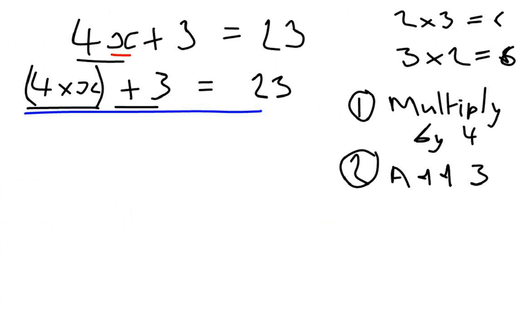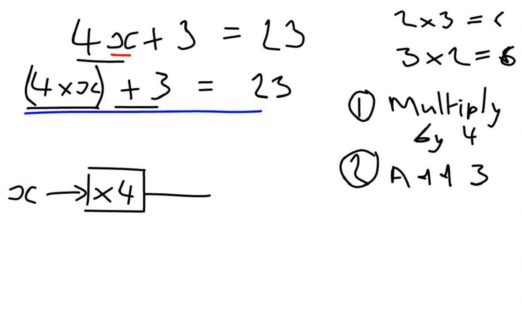Okay, so we're going to solve this using a function machine. So we're going to start off with our x. Now, as we've already said, the first thing we do to our x, the very first thing we do, is we multiply that by 4. So that's what I'm going to put in my first box. That gives me 4x.